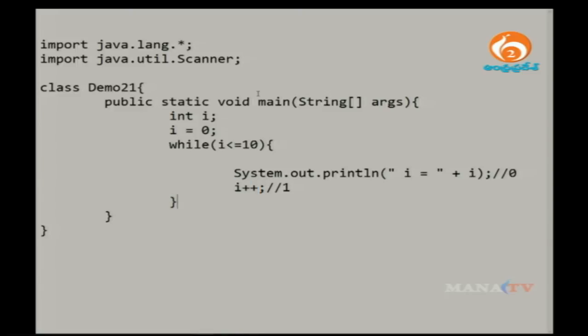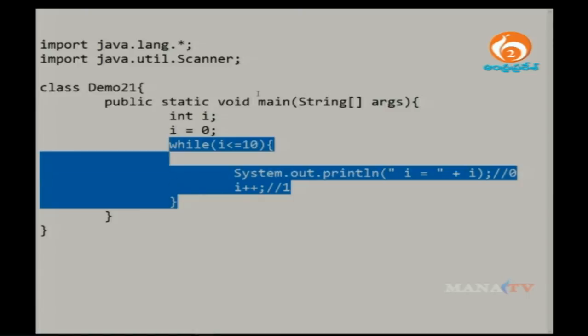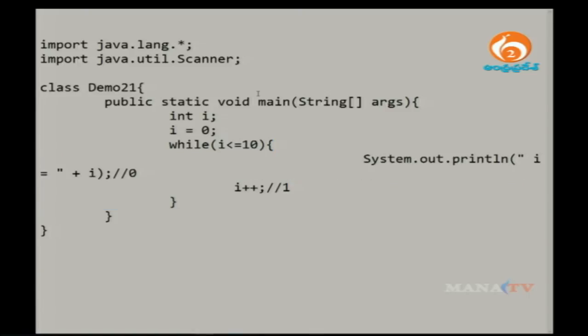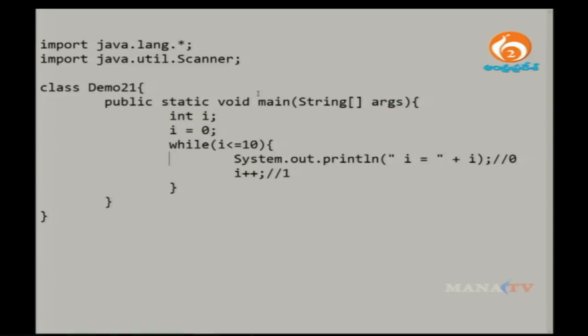As I told you just now, the control will not go directly out of this block; it compulsorily checks the condition again. What is the condition now? Previously the i value was 0, now it becomes 1. 1 is less than or equals to 10, correct. So first 0 was already printed, now it will print the value 1.